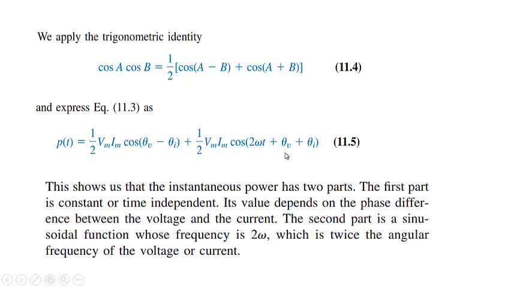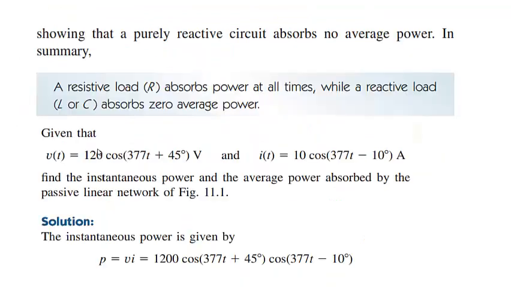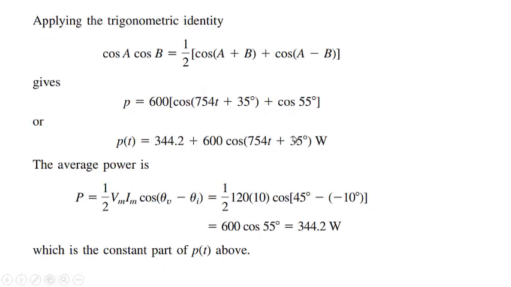You can directly put the values and get the instantaneous value of the power. So I will multiply these two using the formula 1 by 2 cos of (A plus B), or directly you can use that formula. It comes out to be 344.2 plus 600 cos of (754t plus 35) watts.